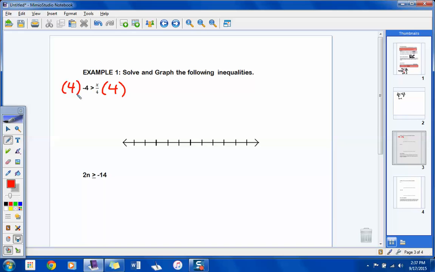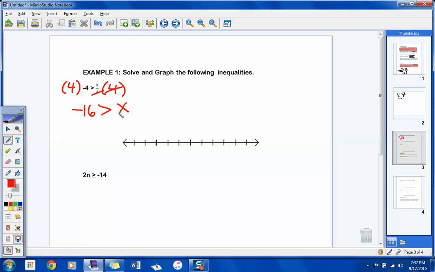What's 4 times -4? -16. You just told me since the process was to multiply by a positive, greater than will still stay greater than. What will happen to the 4 in the denominator and the product of 4 with that fraction right there? What are they going to do to each other? Leaving you with x. Have I isolated my variable?